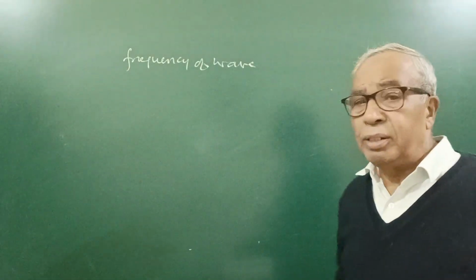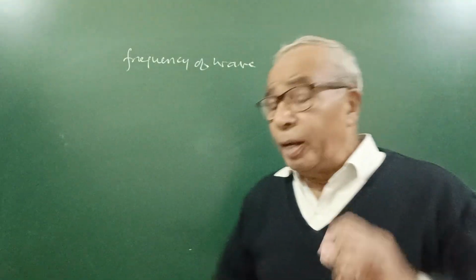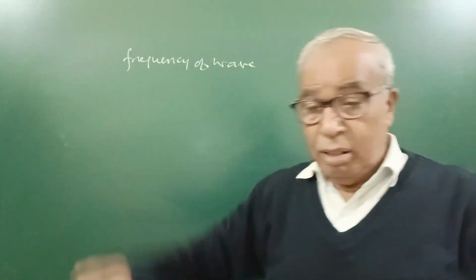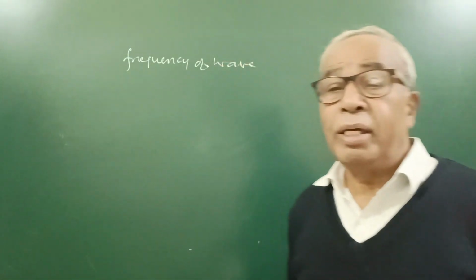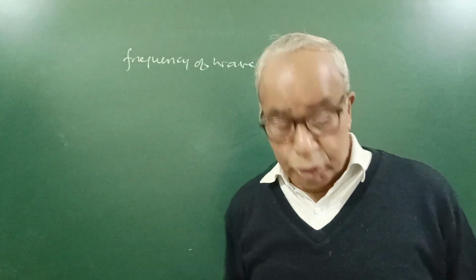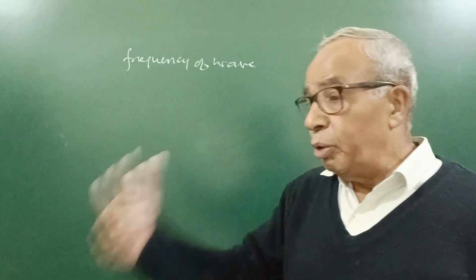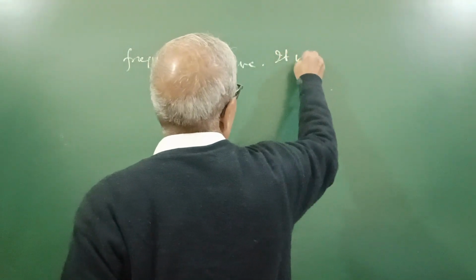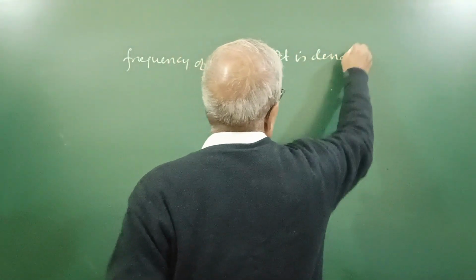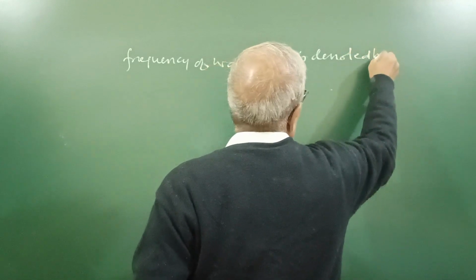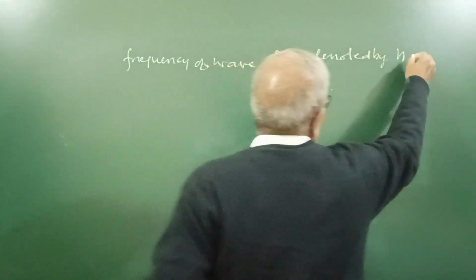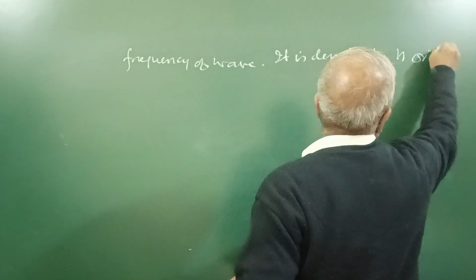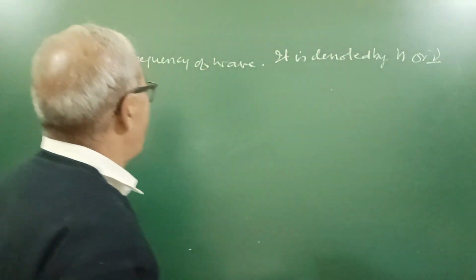Just like if I go to my friend again and again, I say I come very frequently to your house. So frequency comes from there. It is denoted by n and nu, both are used.